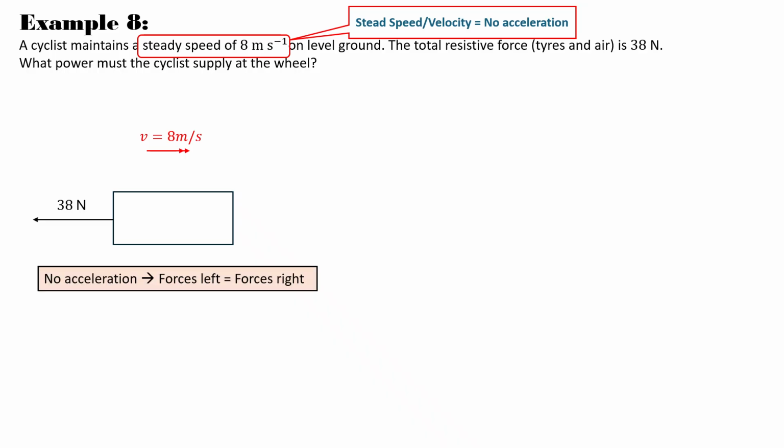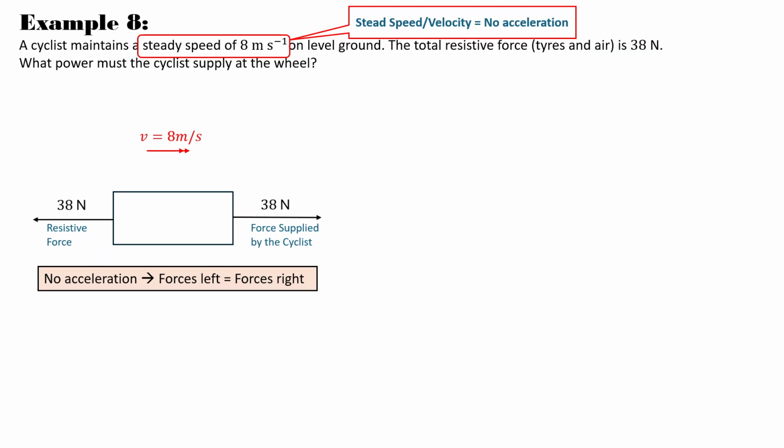So if we have a steady speed, remember that means acceleration is 0, which means our resultant force is 0, or an easier way to think about that, forces left equals forces right. That means there's 38 newtons also being supplied to the right, where that 38 to the left is a resistive force and the 38 to the right is the force supplied by the cyclist.